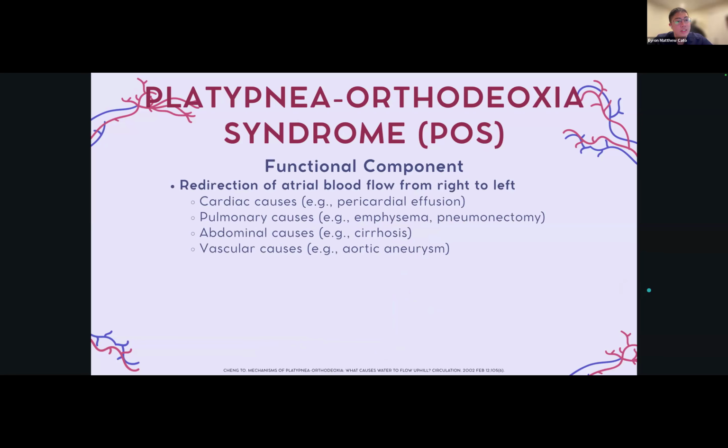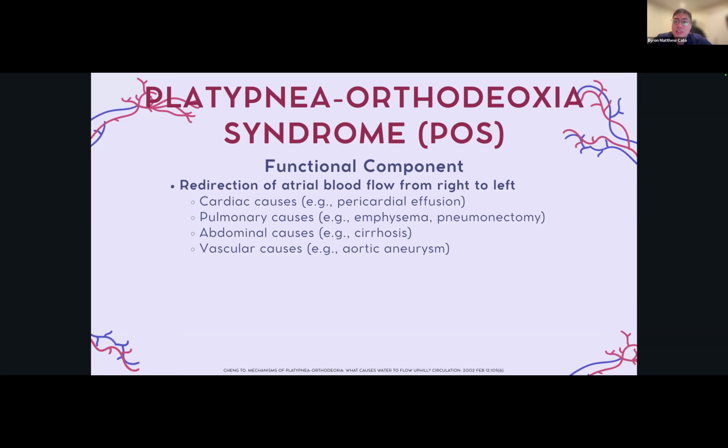So secondly, we need a functional component that favors the movement of blood from the right side of the heart to the left side of the heart instead of the usual left to right movement that was already present with the anatomical component. So it's from this movement of deoxygenated blood from the right to the left of the heart that causes hypoxemia. So these functional components can be from various causes, as seen here.